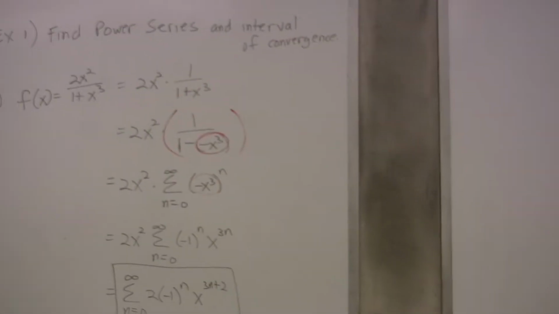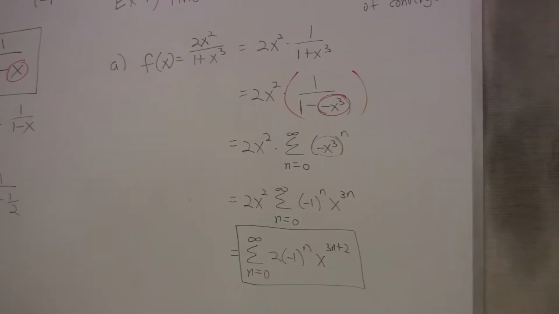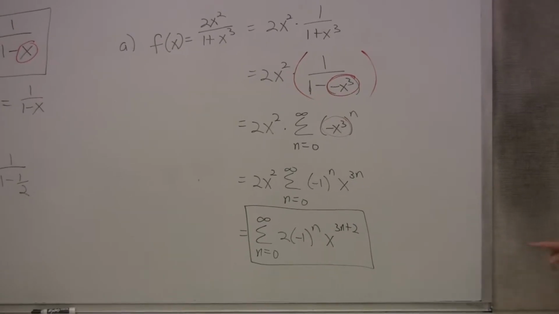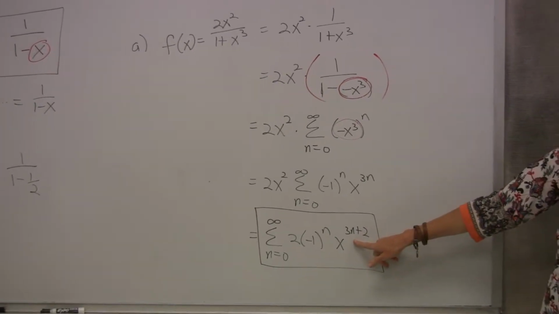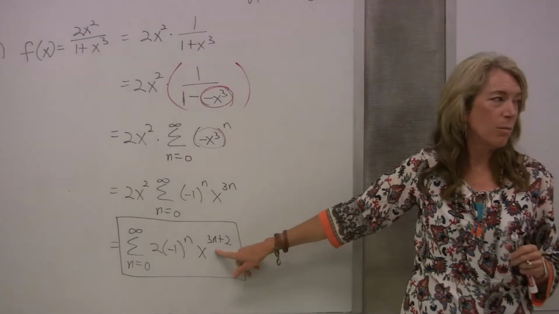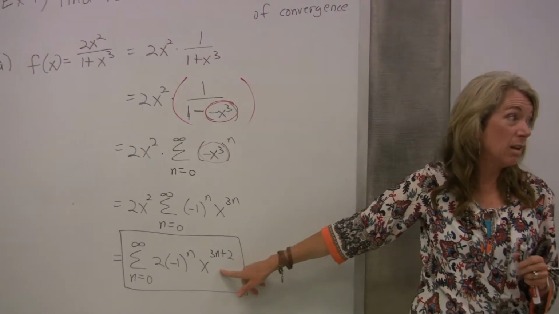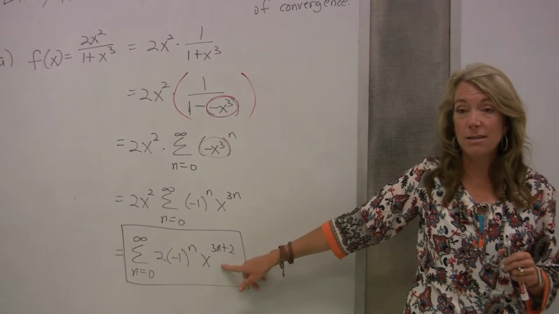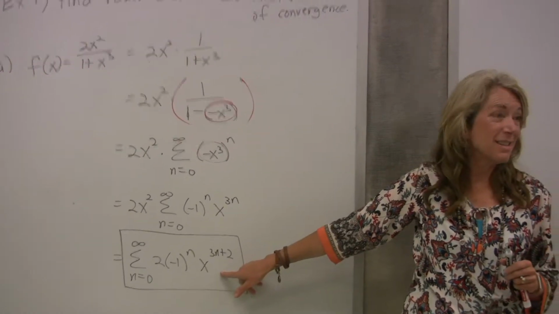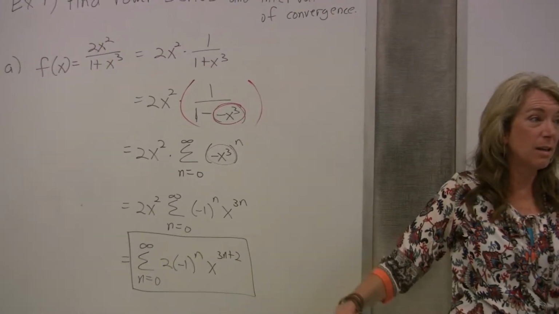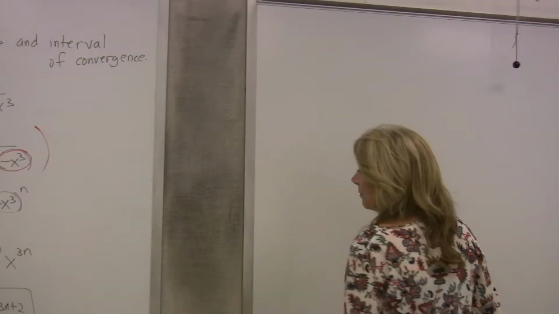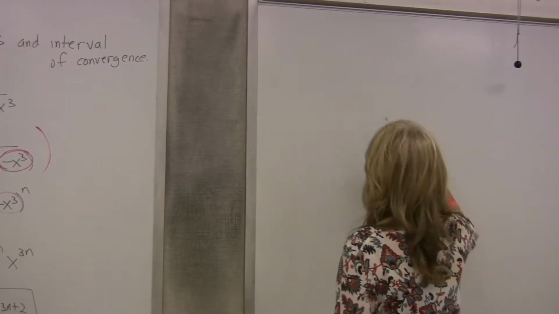Do I have powers of n everywhere? That's not a power of n. That's a 3n plus 2. So multiplying it by 1 over n would not be nicer. It has to be just an n to do the root test. So I'm going to use the ratio test instead. If this was an n, I'd agree with you. But if it's anything else, it won't work. So let's do the ratio test.